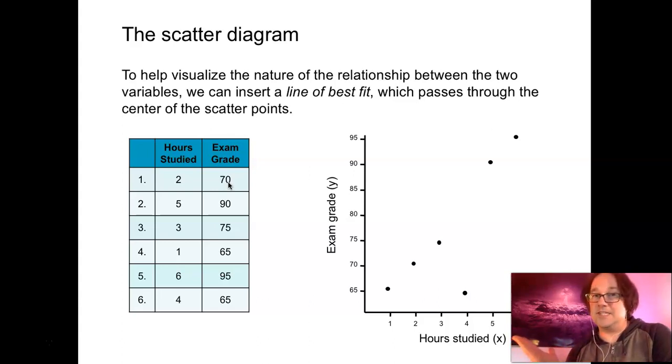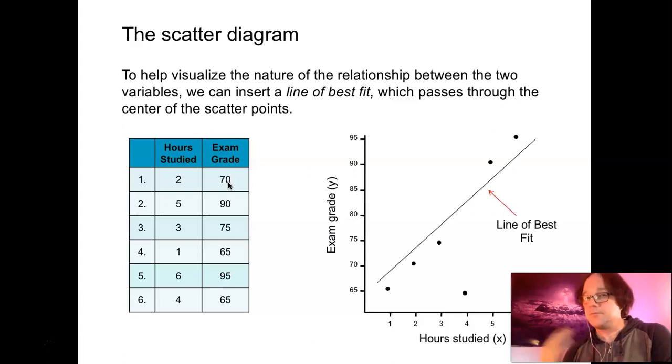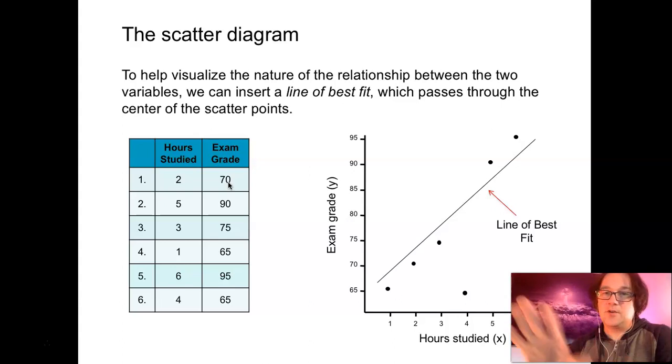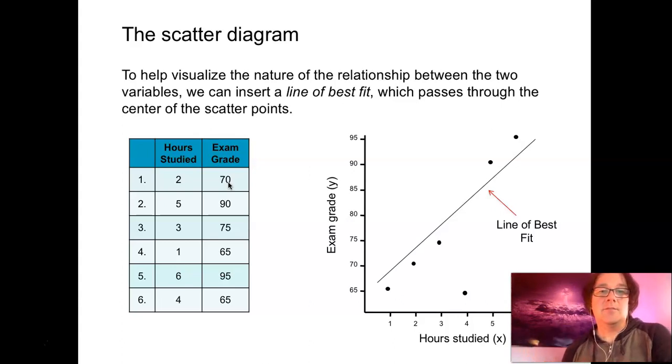It's going to be just a single line that is put in a particular place to best represent all of the data that we have. And we call this line the line of best fit. I didn't use any regression model or any formula to calculate that line.